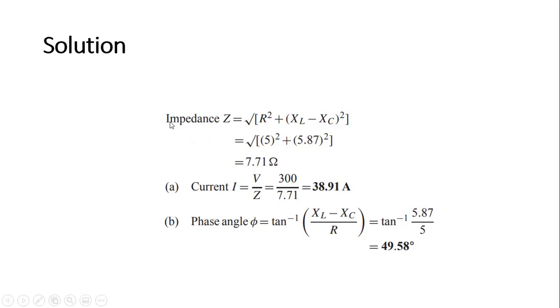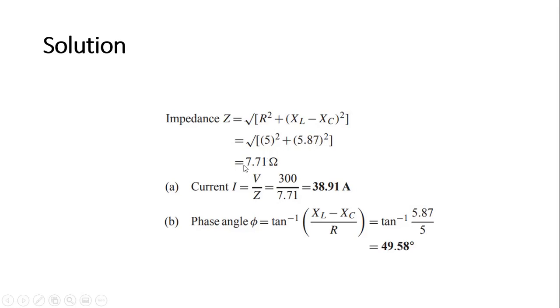So we pick our formula. If you go back to the first case, I said when XL is greater than XC, our Z will be the square root of R squared plus XL minus XC squared. We know that our XL minus XC from what we just did is 5.87, and our R is 5. So we are going to square both of them and add them together.